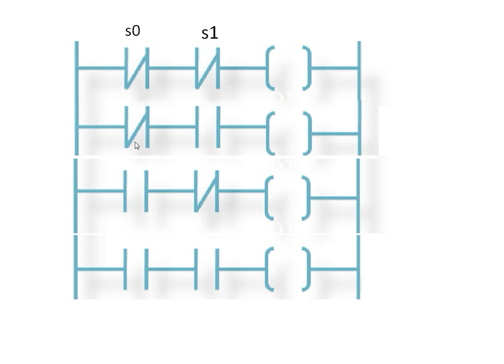If you select 0 1, this indicates 0, this indicates 1, then your output will be selected. Similarly, when you select 1 0, output 3 will be selected. When you select 1 1, output 4 will be selected. So Q0 is selected in the 0 0 condition, Q1 in the 0 1 condition, Q2 in the 1 0 condition, and Q3 in the 1 1 condition.